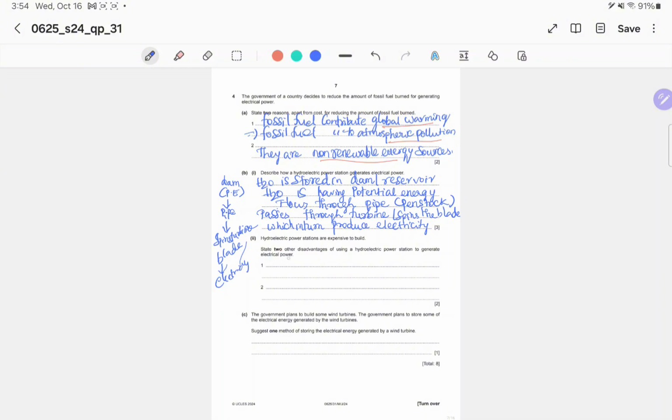One, a large area of land is flooded when the storage capacity is higher. Large area of land flooded, 1 point. And relocation of the people to build the hydroelectric plant. Relocation of the population, second point.